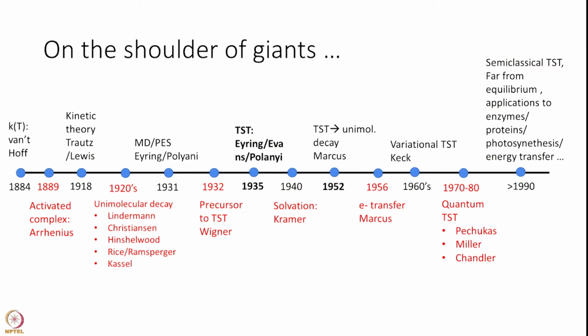I want to understand protein folding, I want to understand kinetics of enzymes, of catalysis, of photosynthesis, of energy transfer, and the list can go on. It is a very active field. You can open any modern journal that was published, let us say this year in physical chemistry, and you will find few papers at least in every journal every week that will be on this topic.